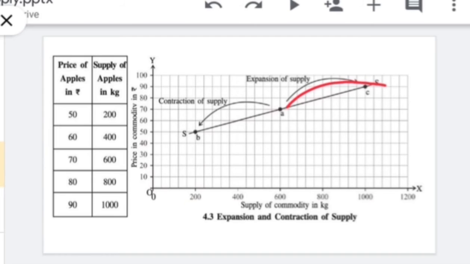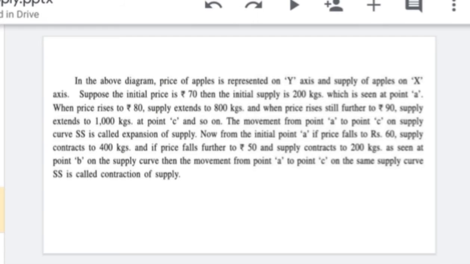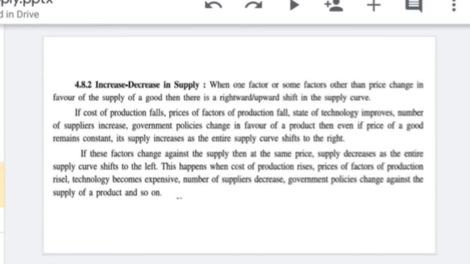When the price rises, there is expansion, and when price decreases, there is a contraction of supply. So I have explained the same thing. Now, increase and decrease: I told you change in supply is of two types. One is expansion and contraction, another is increase and decrease in supply because of other factors.